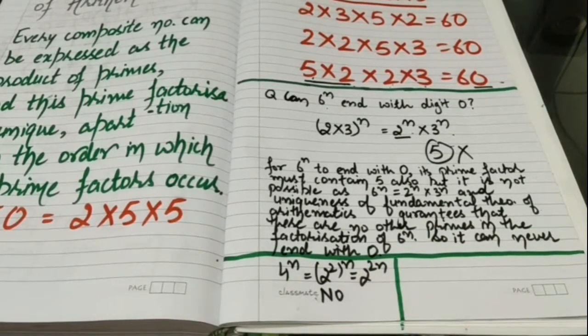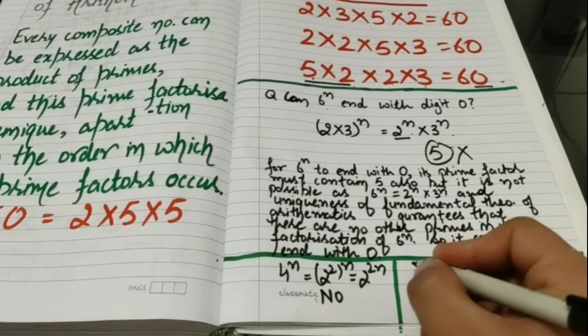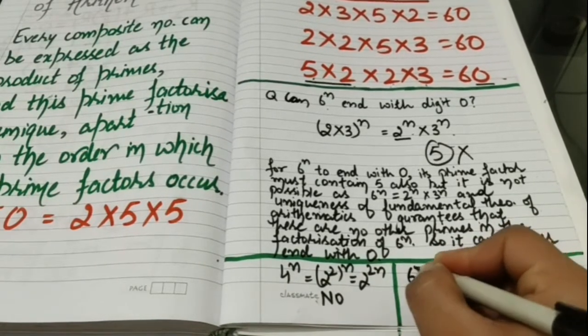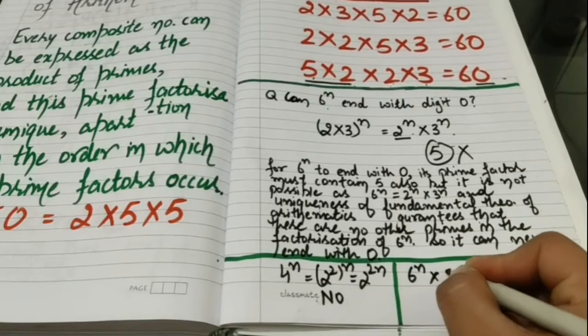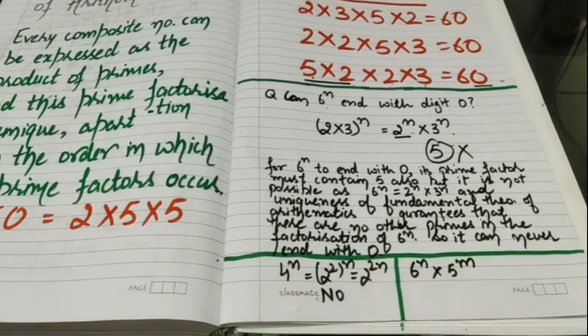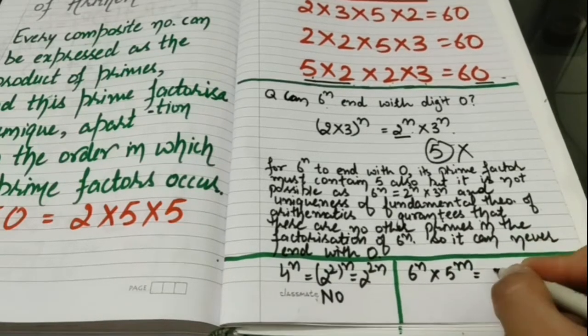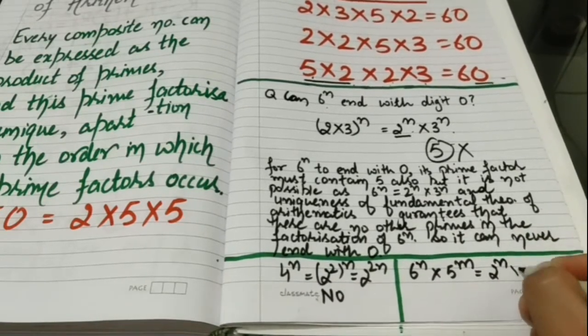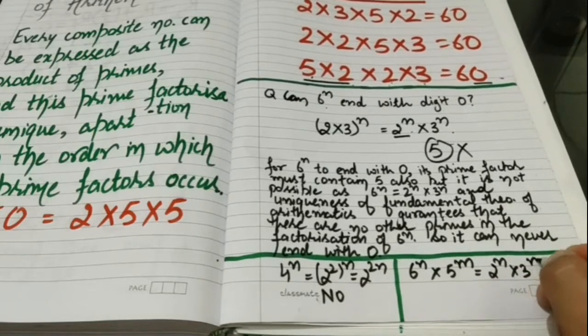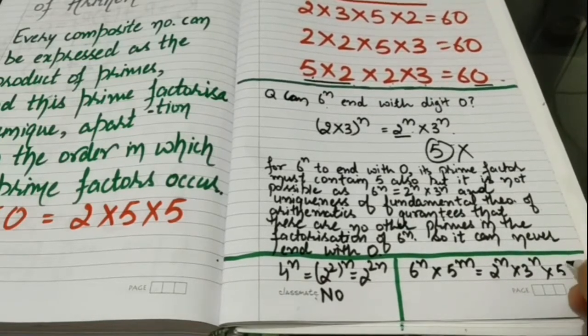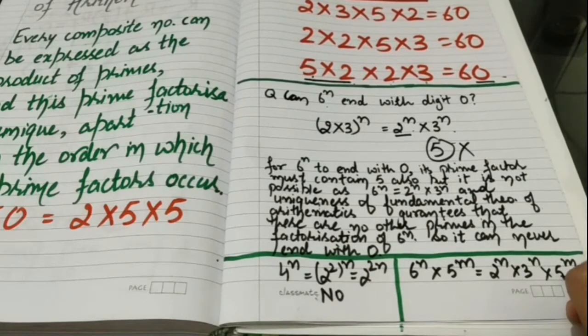Now let us take one more example. If we have the question, can 6 power n into 5 power m end with the digit 0? We write 6 power n as 2 power n into 3 power n, and 5 power m will remain as it is.